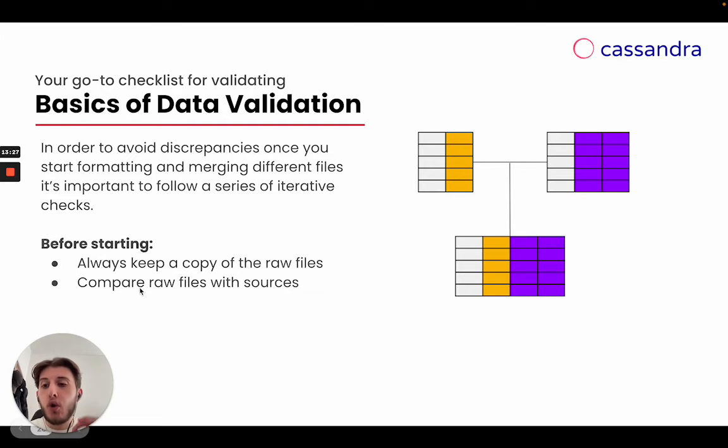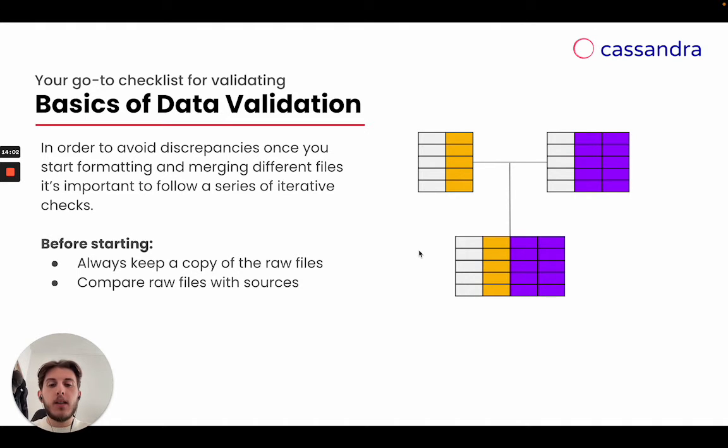So you want to compare your raw files very carefully with the actual sources where they're coming from, so let's say with the Business Manager dashboard, or maybe with the Shopify dashboard, so that you are 100% sure that the raw files themselves, the ones that you just copied basically, are good. Because once you start merging, if discrepancies arise, at least you know it's in the merging action, not earlier. So you want the copies of the raw files to be ground truth. Once you get that right, you can start merging.